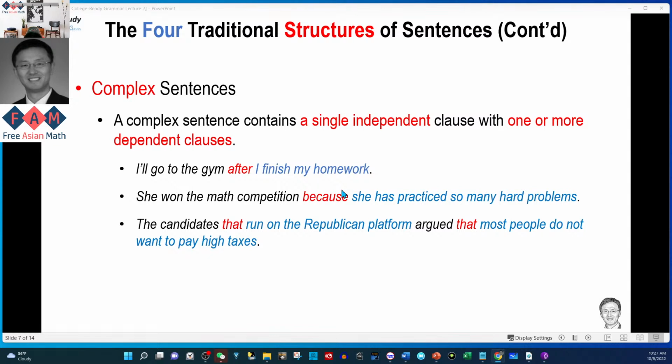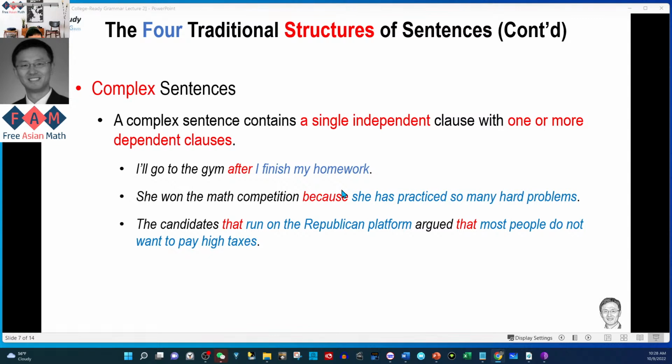The candidates that run on the Republican platform argue that most people do not want to pay high taxes. What is the main clause here? Well, everybody, once you are in middle school or high school, you need to be really good at spotting or identifying the main clause of a complex sentence.